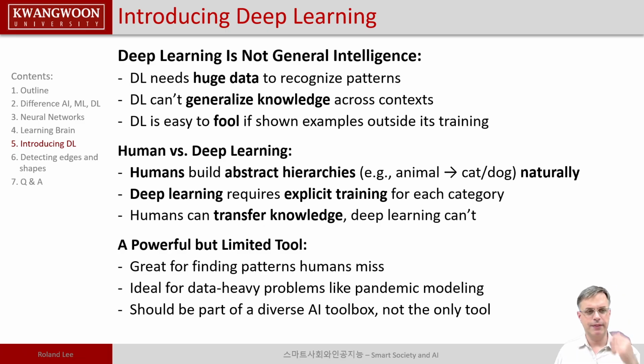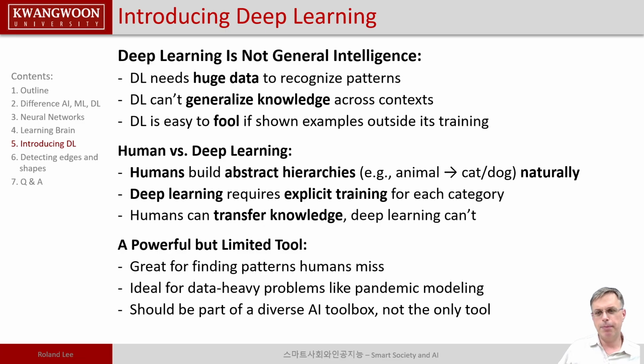For example, human testing of compounds to battle cancer or fight the coronavirus pandemic could take an immense amount of time. And by seeing the patterns where humans can't, deep learning could make serious inroads toward a solution with a lot less effort than humans would require.